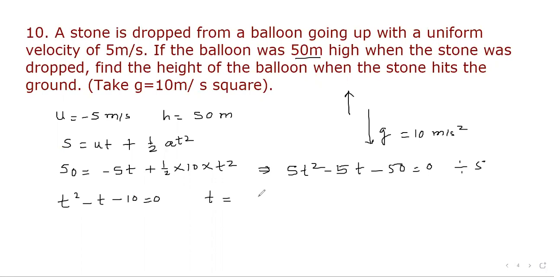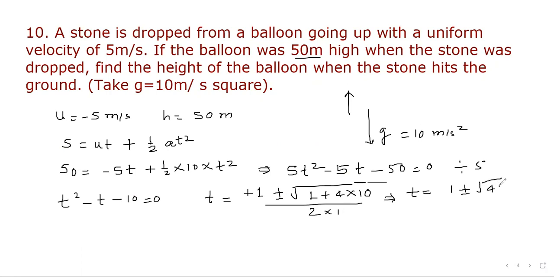So t will be equal to 1 plus minus root of minus 1 square, that's 1, minus 4ac, 4 into 1 into minus 10, so this will become plus 40, divided by 2 into 1. So t equals 1 plus minus root 41 divided by 2. We take the positive value of t, so t will be equal to 1 plus root 41 divided by 2. If we evaluate it, it will become 3.7 seconds.